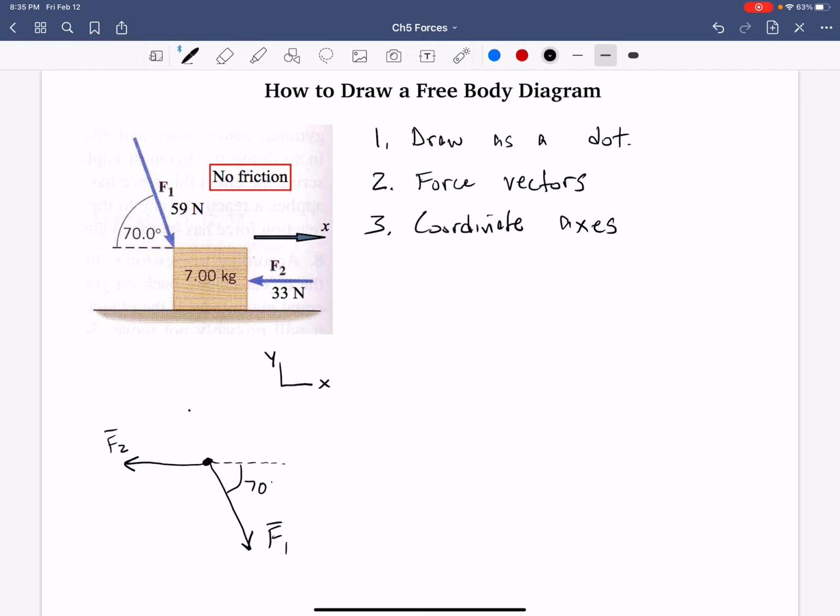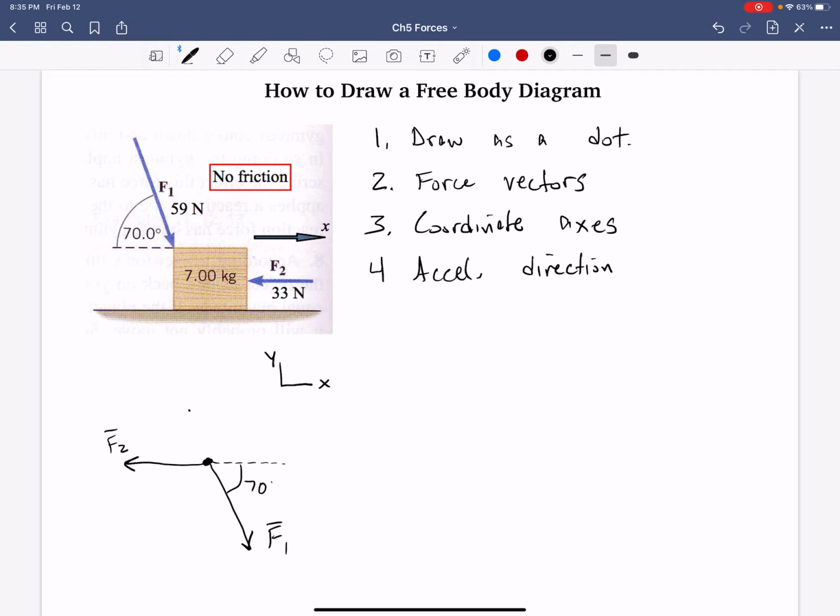Next, we need to choose an acceleration direction. So if this object were to accelerate, we don't know if it does in this problem or not, but say for a free fall problem from last chapter, a projectile motion problem, the direction of acceleration would be down.